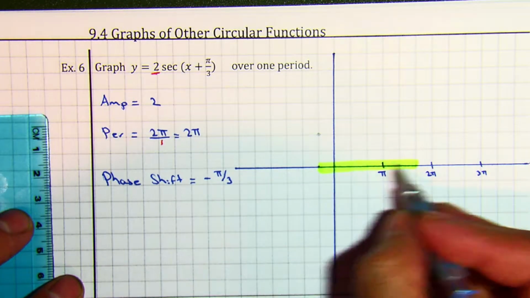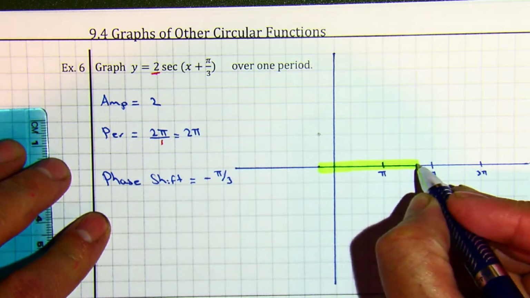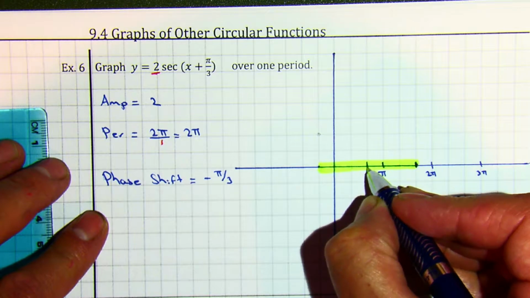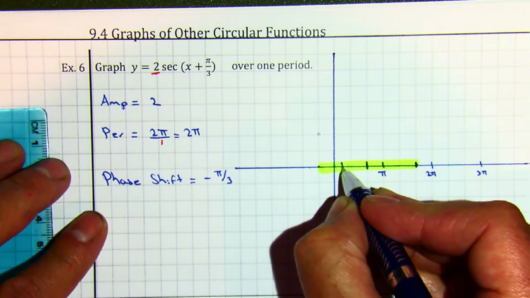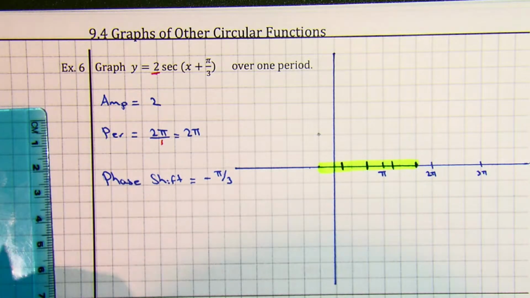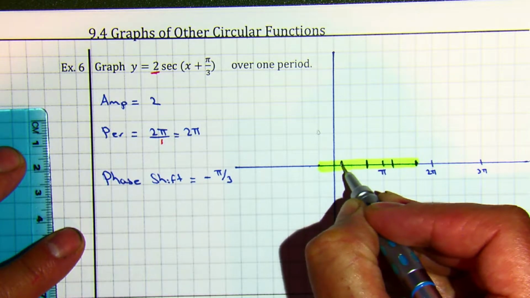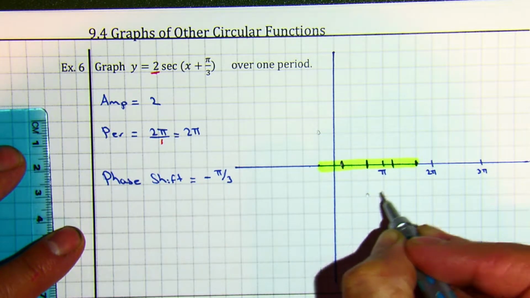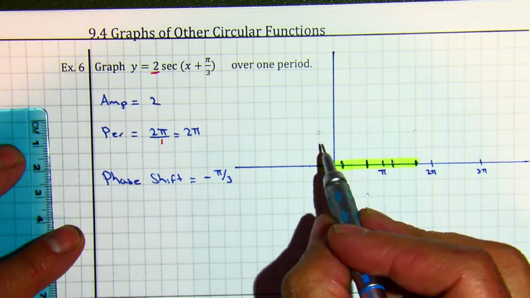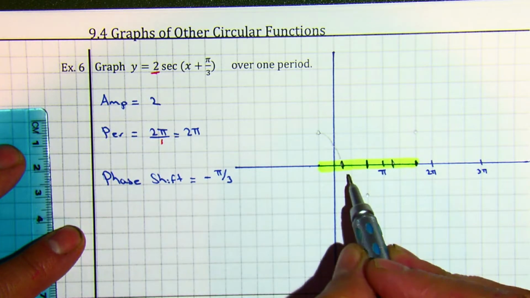I need to divide this into 4 sections, so that is the more tricky part. Let's see, from here to here, there are 2, 4, 6, so halfway is here, and halfway is here. Make sure we keep track of that. So at 2, 0, negative 2, 0, positive 2.